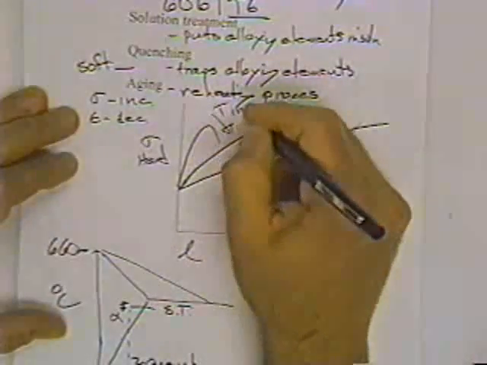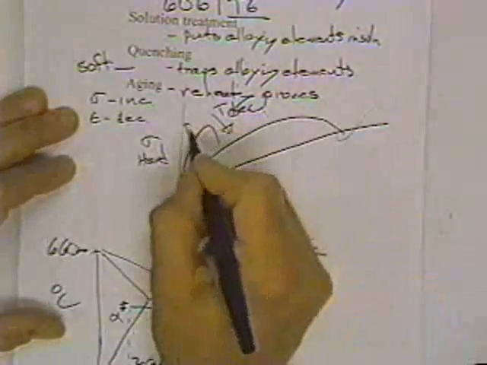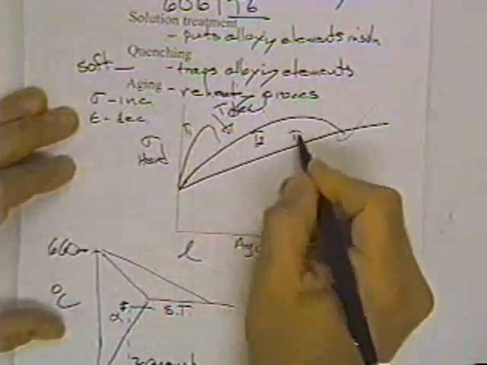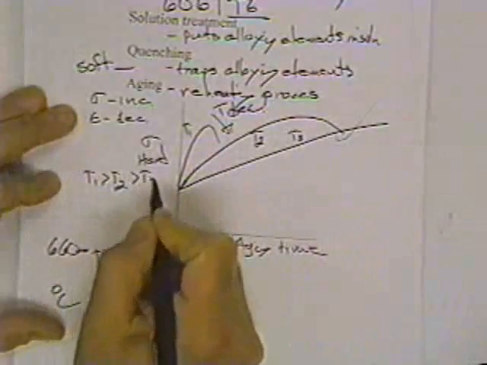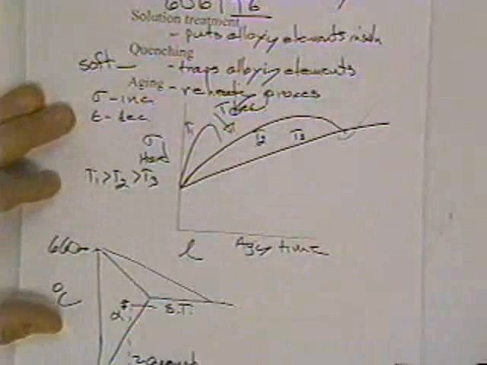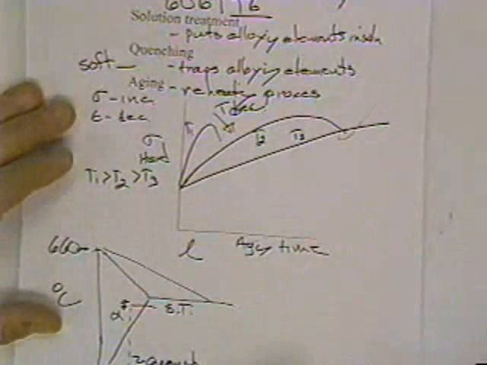So temperature would decrease as you would go here. So T1, T2, T3, T1 is greater than T2 is greater than T3. So that's another way that you can strengthen materials.